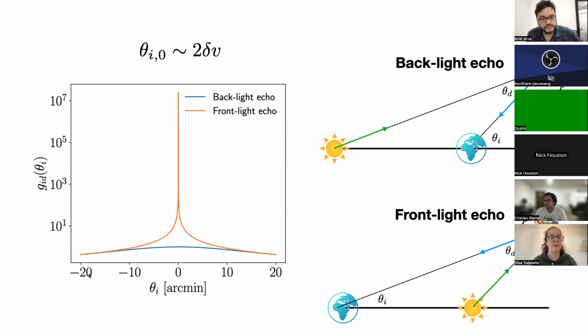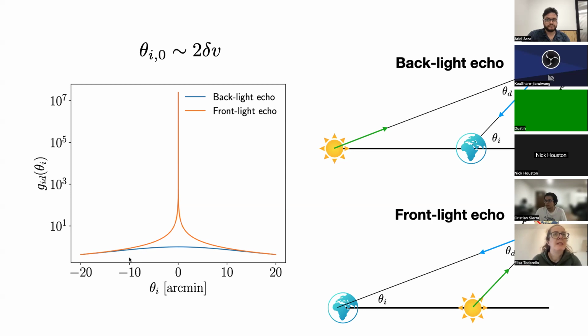And here's the observation angle. So let's look at the figure. For the backlight echo, this is the angle I'm plotting here, and for the front light echo it is this one. So it is how much I displace my observation from the location of the source or the location exactly opposite to the source. So let's look at the backlight echo.